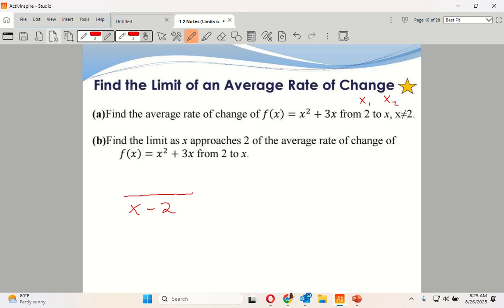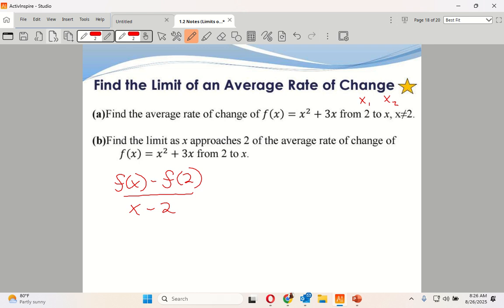All right, so then the next one is going to be f of x minus f of 2. Does that make sense so far?